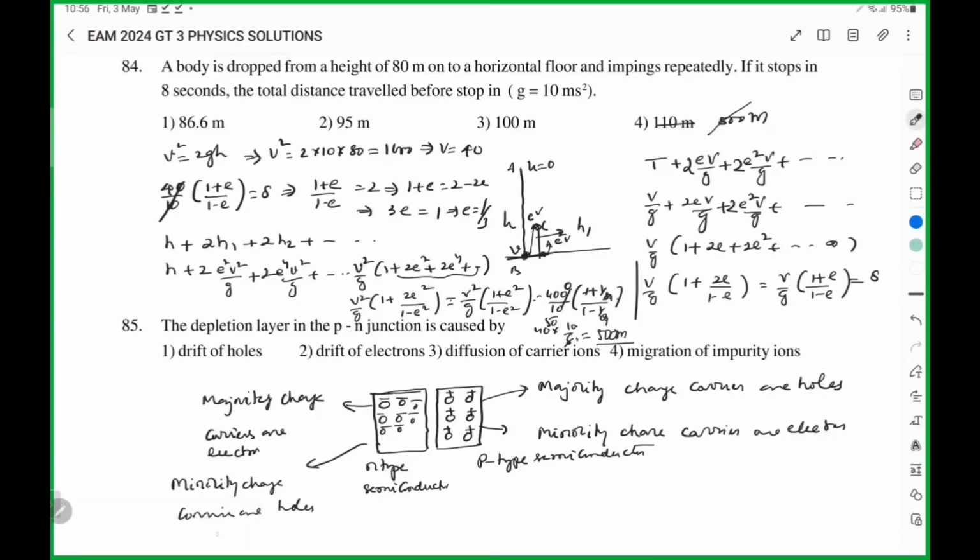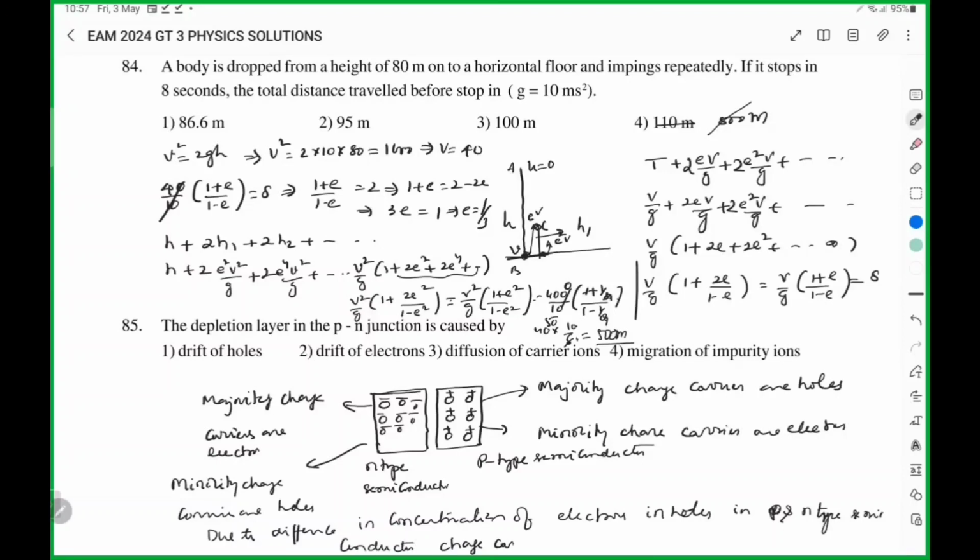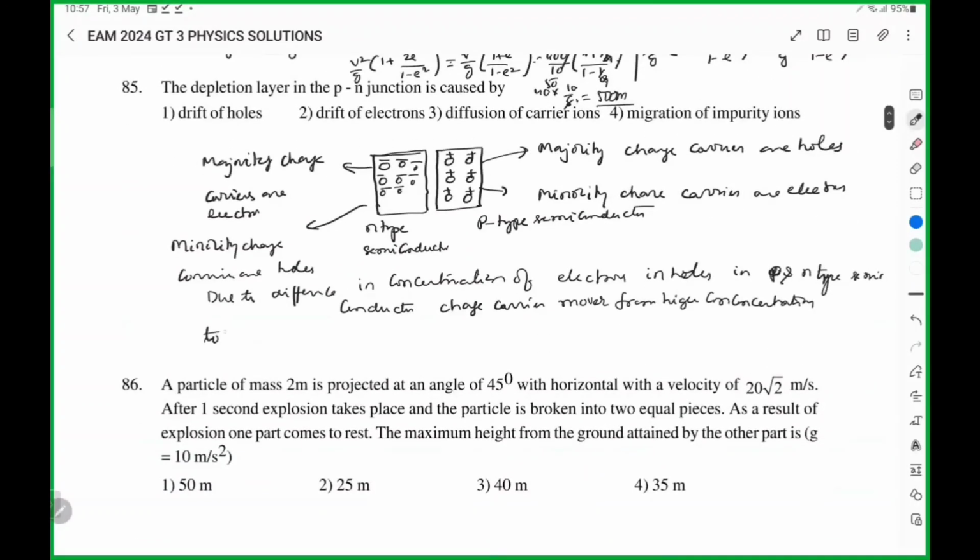So now, due to difference in concentration of electrons and holes in the P and N type semiconductor, charge carriers move from higher concentration to lower concentration.